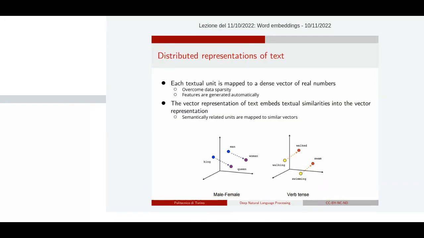The output is a space like this, where the circles are the words, which can be described by a set of coordinates. Each word has a vector called a word embedding. And then this representation can be used to solve a number of different NLP tasks.